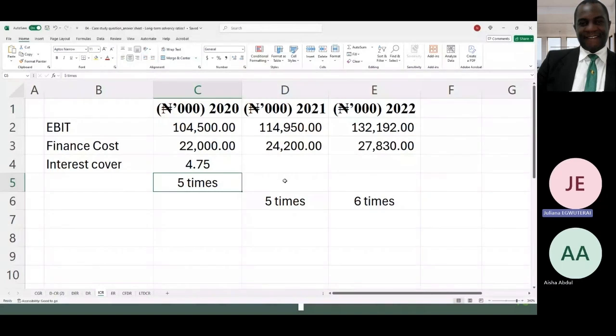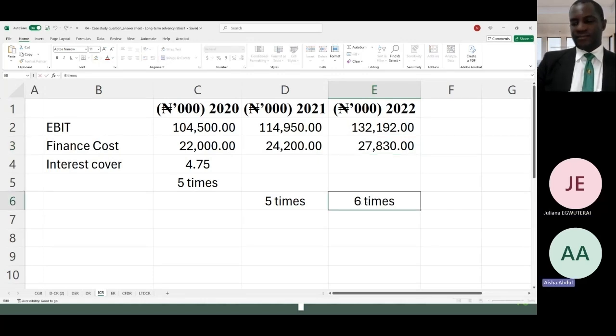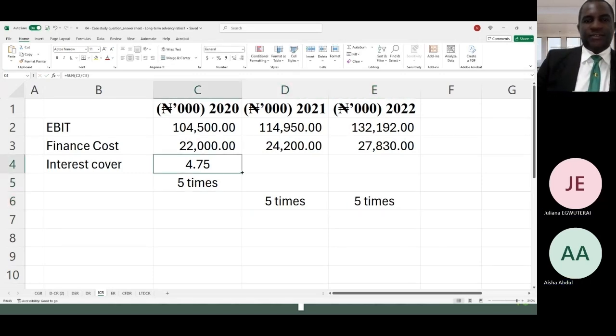Yes, 132,192 divided by that is 5 times. Okay, so for 2022 is 5 times, right? Yes, 2021 is 5 times also. Okay, so 5 times. All right, fantastic.